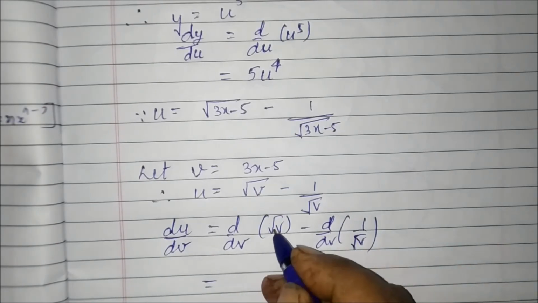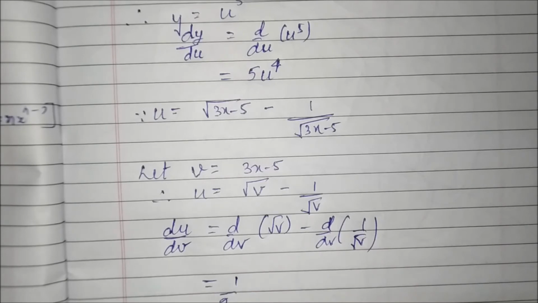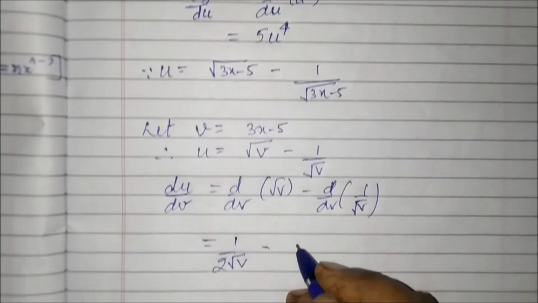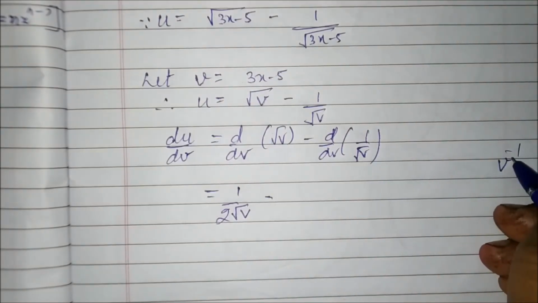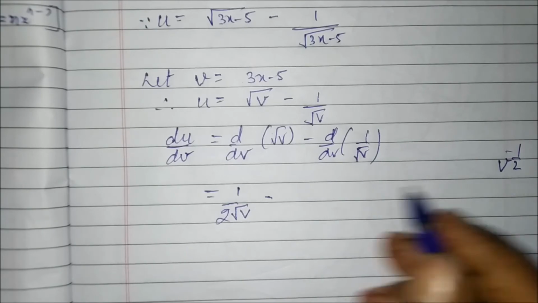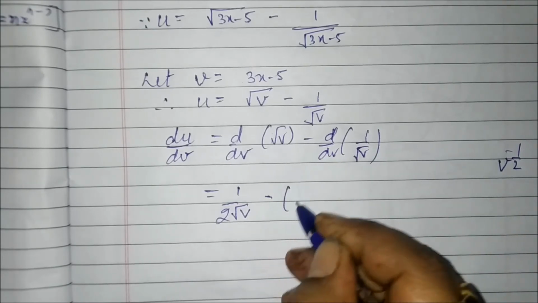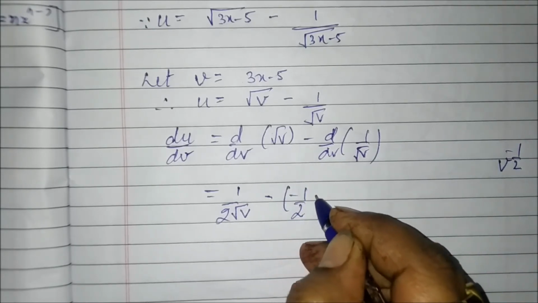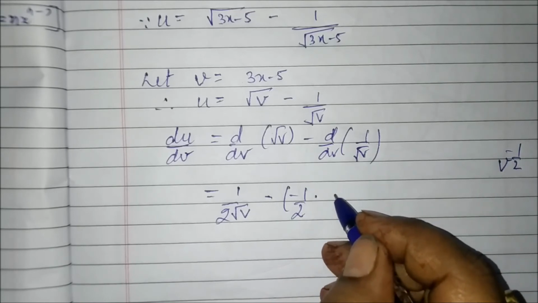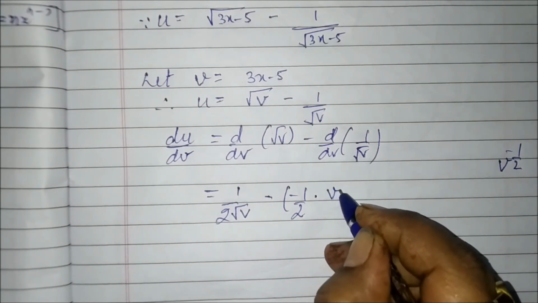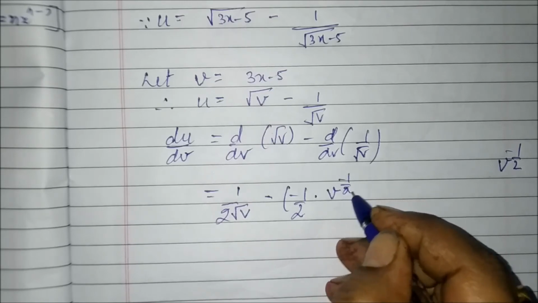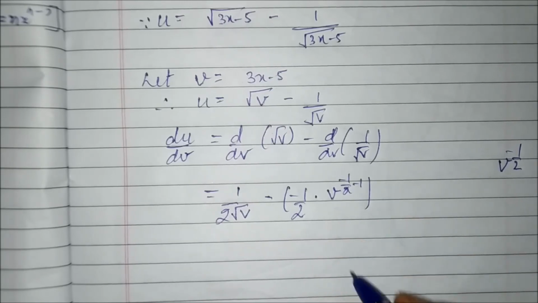The derivative of root v is 1 by 2 root v, minus, this is like v raised to minus 1 by 2, so its derivative will be minus 1 by 2 into v raised to minus 1 by 2 minus 1.